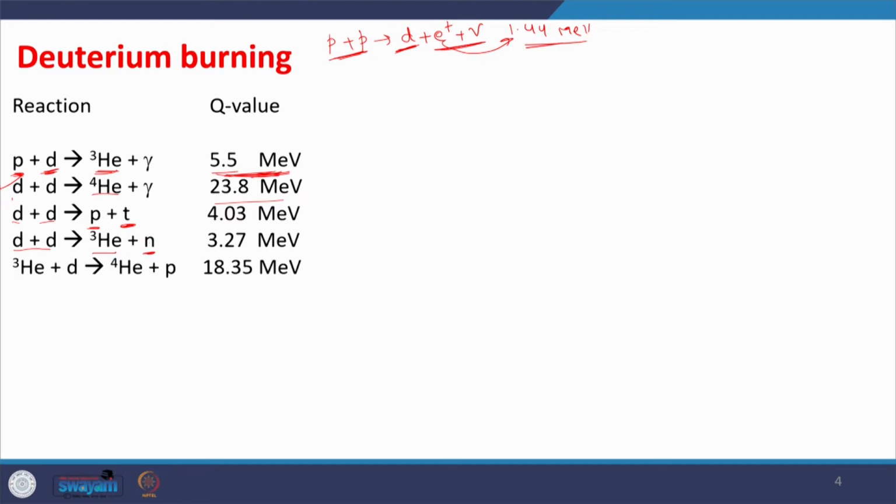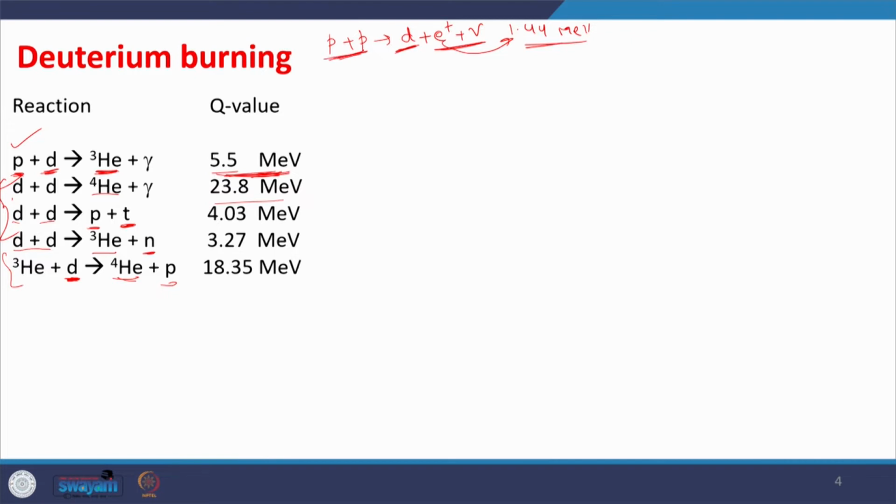This is also possible. Another possibility is when P plus D is giving rise to helium-3, that helium-3 can react with deuterium. Overall whatever deuterium is present, they can undergo reaction with either proton or deuterium or helium-3. These are the available nuclides which give rise to alpha particle and proton. So, these are some of the possible reactions for destruction of the deuterium.